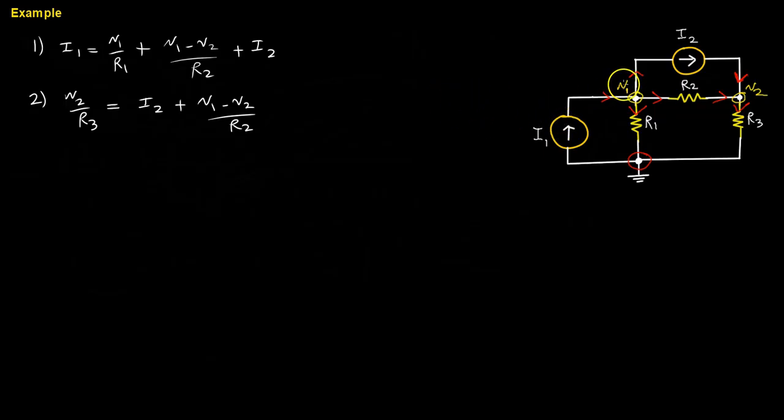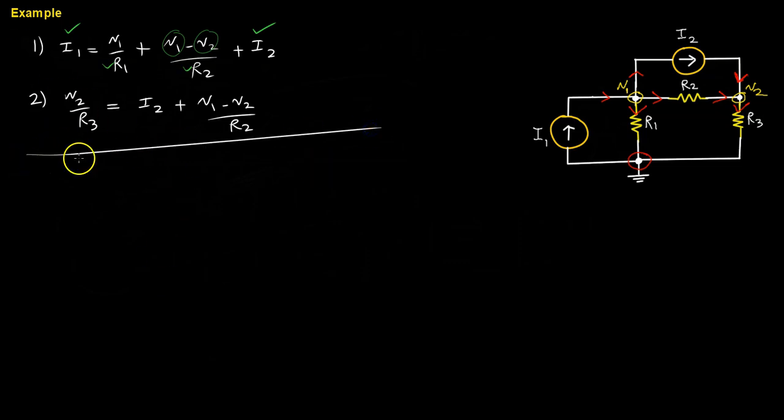The point is to find the voltages for nodal analysis. So I is going to be known, and the resistance values are going to be known, and so the unknowns are going to be V1 and V2 in this case. So we have two unknowns and two equations, so we should be able to correctly solve that problem.